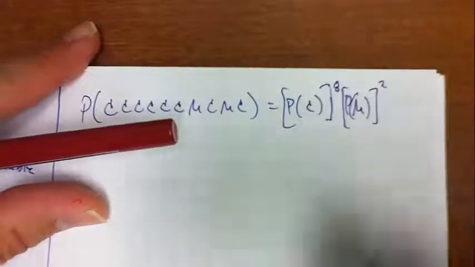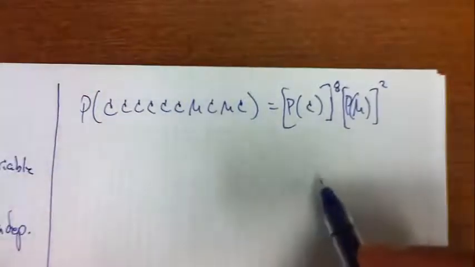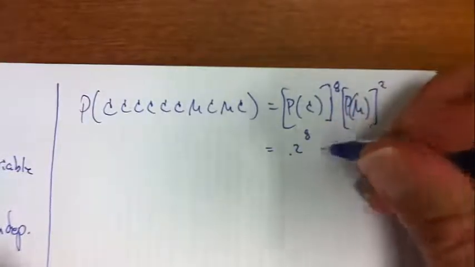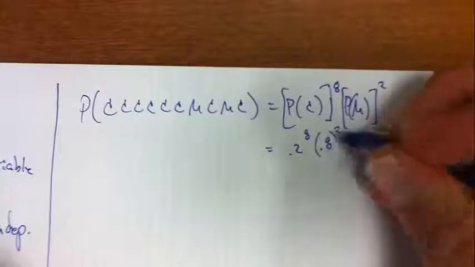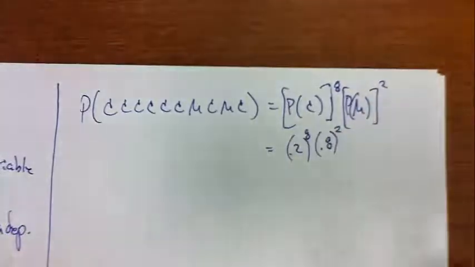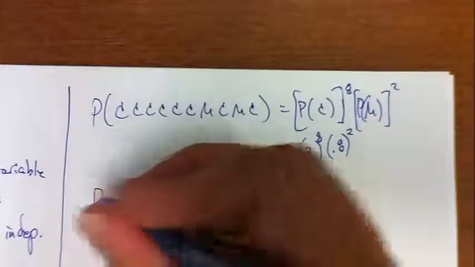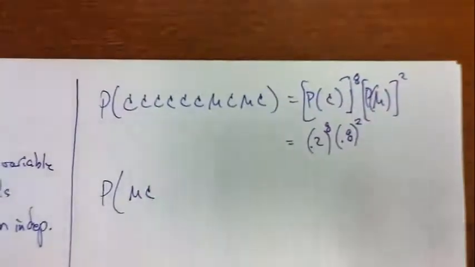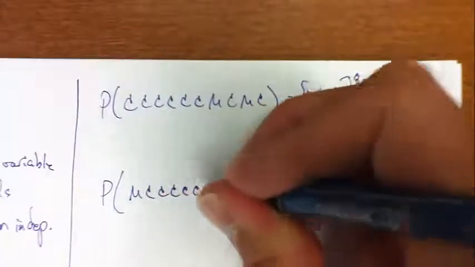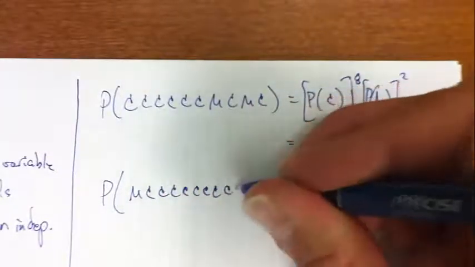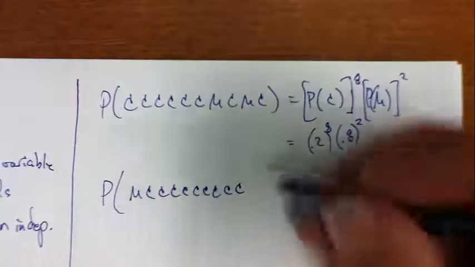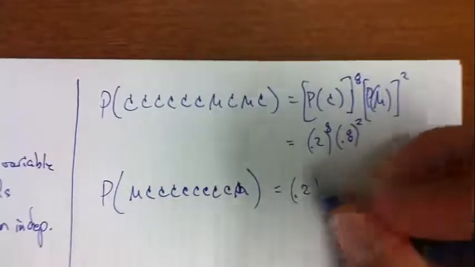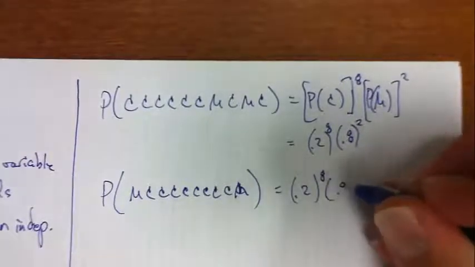Because it doesn't matter what order you multiply numbers in. So again, that's 0.2 to the 8th times 0.8 to the 2nd. And in fact, it doesn't matter if I want the chance that I miss just the first and last one. It's going to be the same thing.